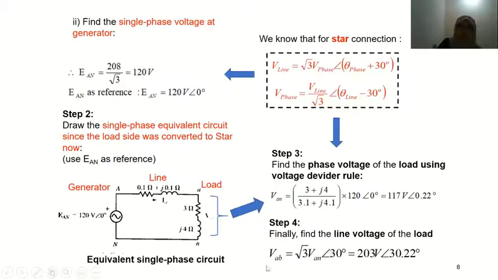The line voltage of the load, VAB, is square root 3 times your V phase, VAN, with angle 0.22 degrees plus 30 degrees. So the magnitude is 203 and the angle is 30.22 degrees.